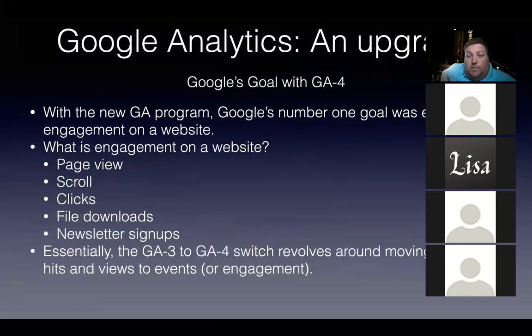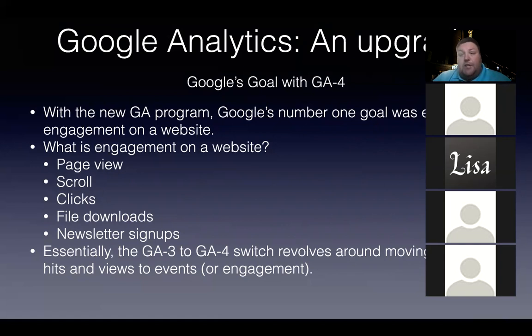So Google's goal with GA4, or Google Analytics 4, I'll refer to it as GA4 more often than not. With the new program, Google's number one goal was engagement on a website. So what is engagement on a website? An engagement is essentially any kind of interaction with a website. That's a page view, a scroll up or down your site, a click on something on your site, a file download, such as a PDF for a newsletter, or newsletter signups.